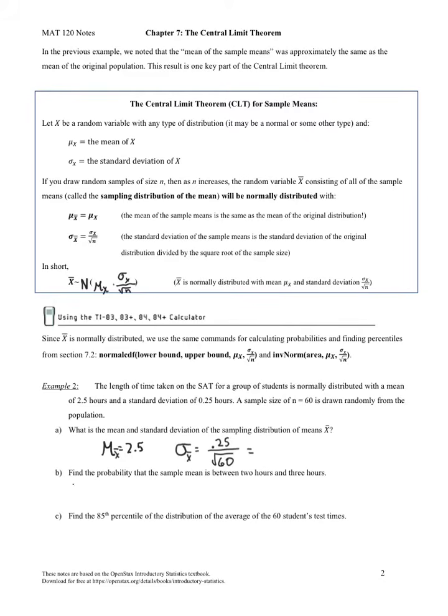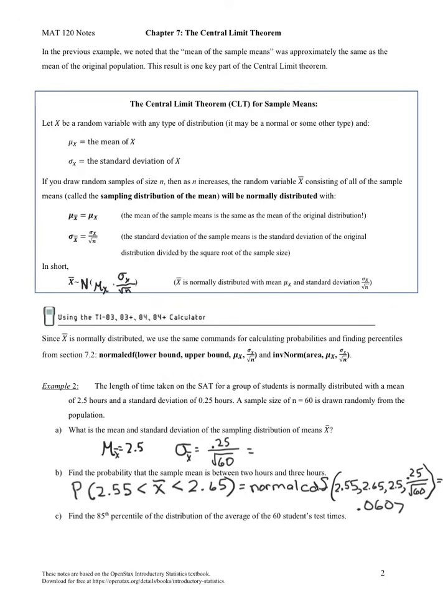So if we were to write this, we'd have something that looks like this. And using our calculator, our keystrokes would look like this, and we'd end up getting an answer of about 0.0607.